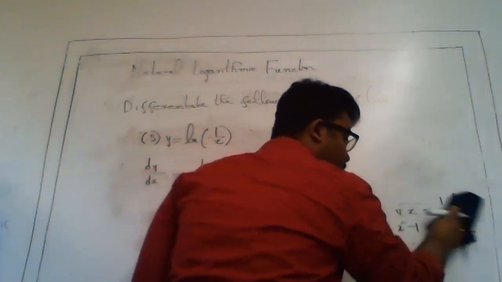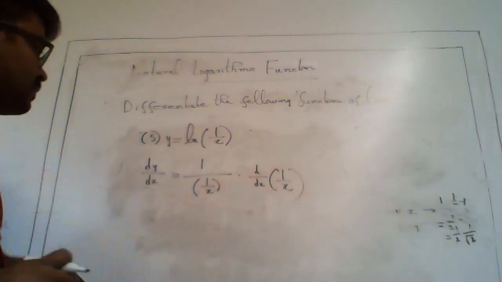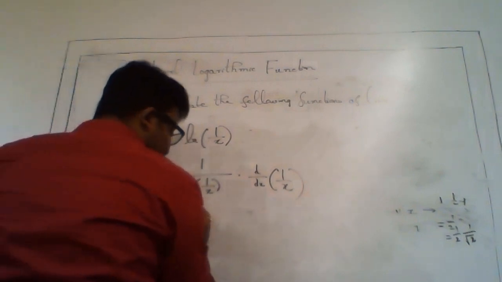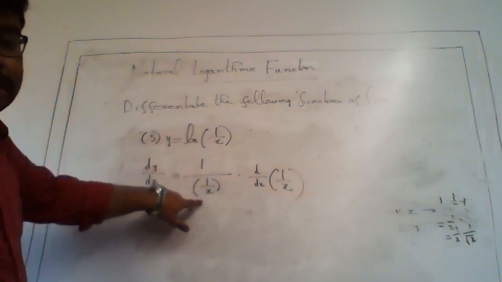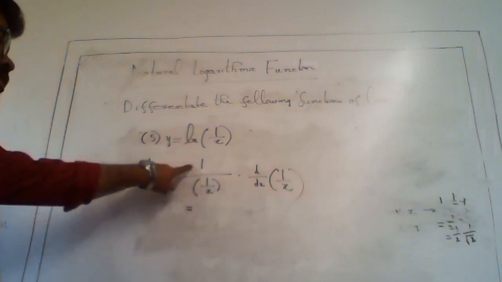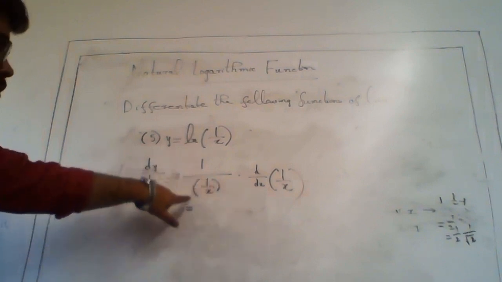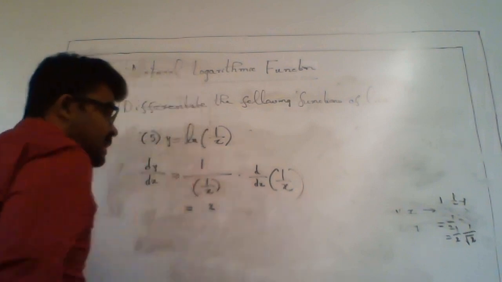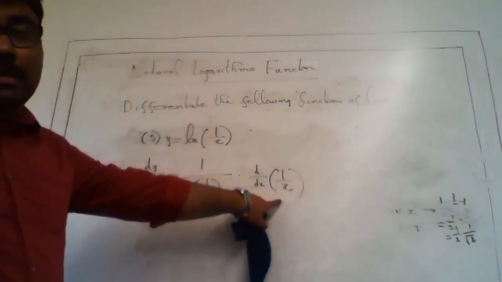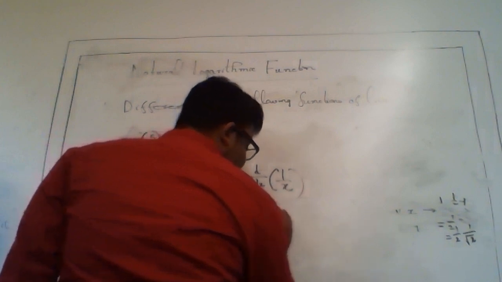Now 1 by 1 over x: dividing one fraction by another is equal to multiplying the top fraction by the reciprocal of the second, so the bottom gets flipped. So it should be 1 times x, so just x, times d/dx of 1 over x. 1 over x can be written as x to the power minus 1.